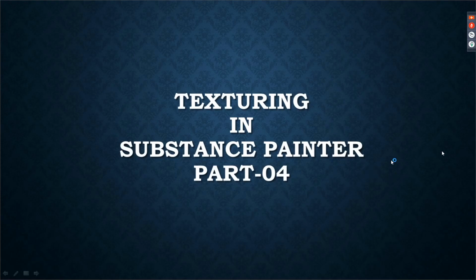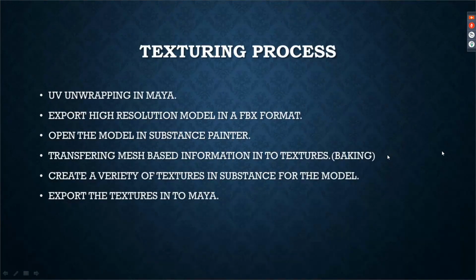These are the texturing processes we are going to discuss in today's class: UV unwrapping in Maya, exporting the high resolution model in FBX format into Substance Painter, and opening the model in Substance Painter, transferring mesh based information into textures, like a baking process, because we are going to use 2 meshes.